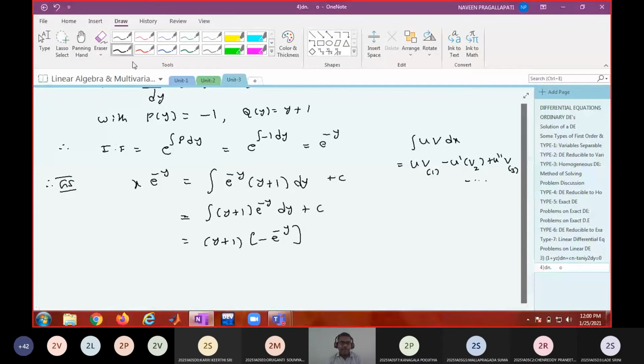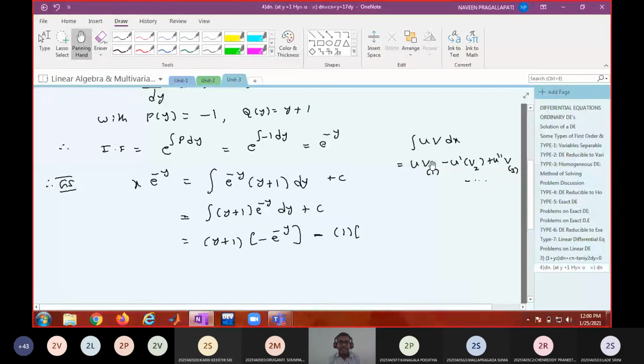Now I'm going to write down minus. After writing minus, what you have to do? Write the derivative of u. U dash means the derivative of u. What is the derivative of y plus 1? 1.